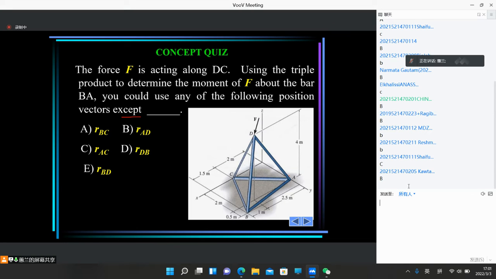You can use RBC. You can use RAD. You can use RAC. You can use RDB, or you can use RBD.